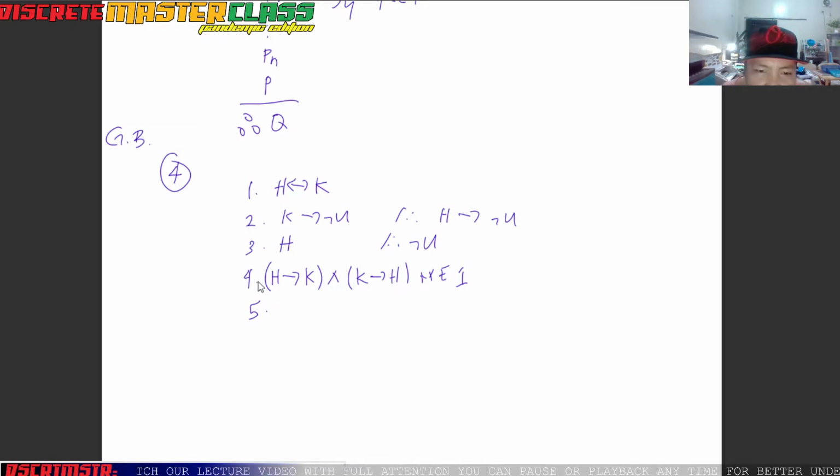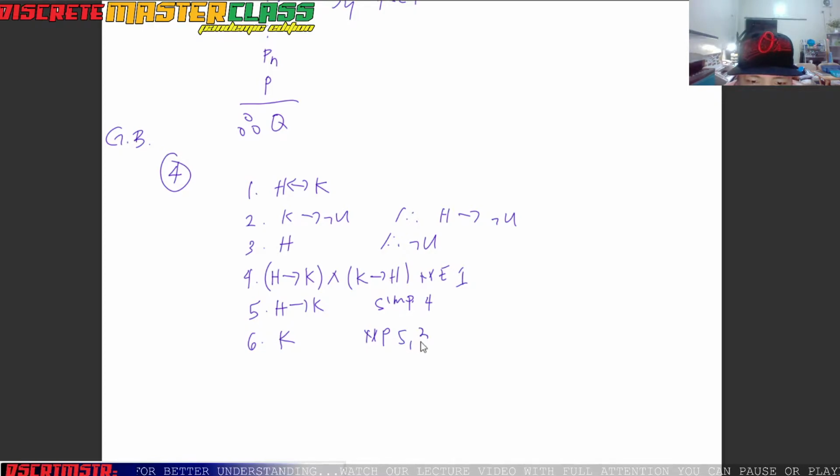ME number 1. Okay, now, ito yung mali ng karamihan sa lahat. Ito dito, this number 4, if you can observe number 4, the main operator is conjunction. Because the main operator is conjunction, you can always detach the first conjunct, which is H implies K, by simplification applying to number 4. Okay? From that, makikita mo, number 6, H implies K, tapos sa number 3 may H ka, makukuha mo yung K by MP, number 5, and number 3.